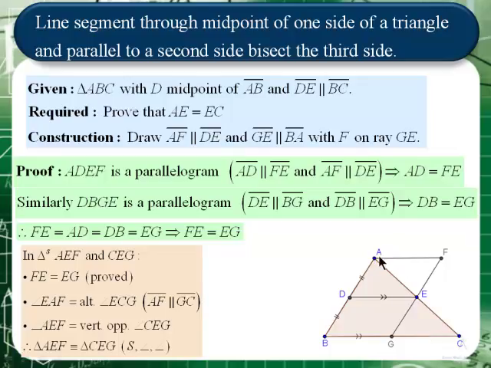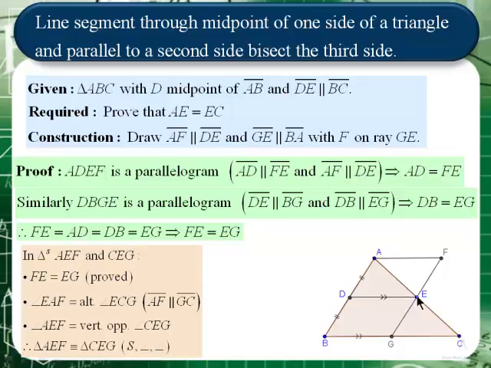Because we know that AF is parallel to BC, and furthermore the two angles here are vertically opposite. So therefore the two triangles will be congruent due to the side angle side congruency.